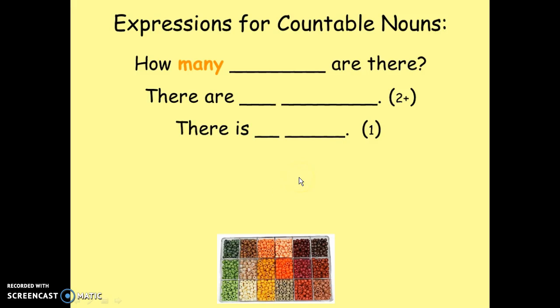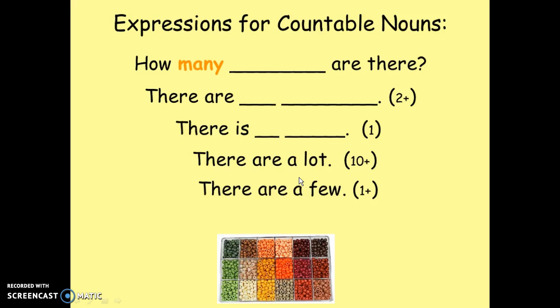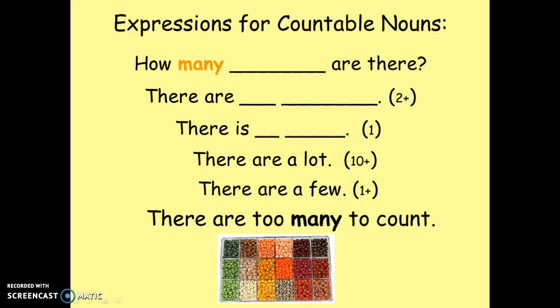We can also use a lot, which usually means 10 or more, a few, which means 1 to 5 usually, or there are too many to count. This means that even though the object is countable, there are so many that it would take a long time. Like the beads at the bottom of this page. You wouldn't want to count those.